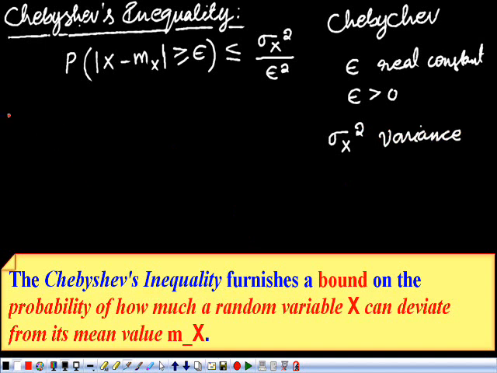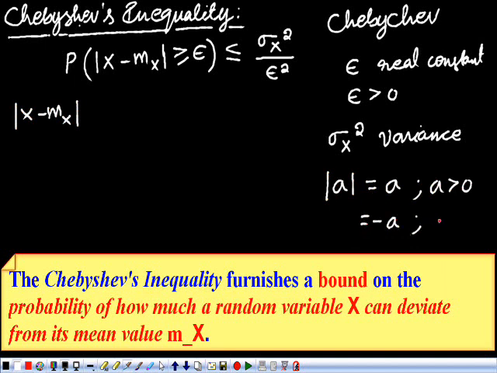So before going to prove it, we consider this x minus mx. We already know that mod a is equivalent to a when a is positive, and this is equivalent to minus a when a is negative. So that is a property of the modulus function. Modulus function is positive when a is greater than 0 and minus a when a is less than 0.